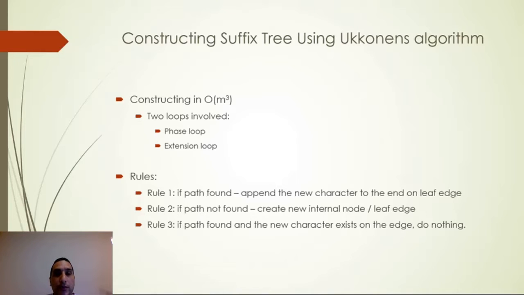The second rule is to add a new leaf edge or create an internal node if either the entire path for the characters does not exist in the tree or the next character in the tree is not S of i plus 1. And the third rule is to do nothing if the entire path is found and the next character on the tree is S of i plus 1.